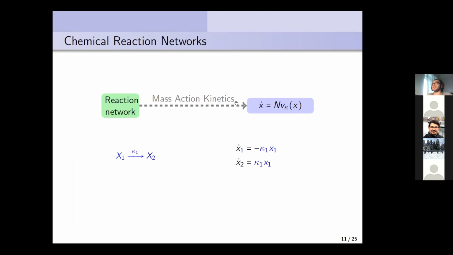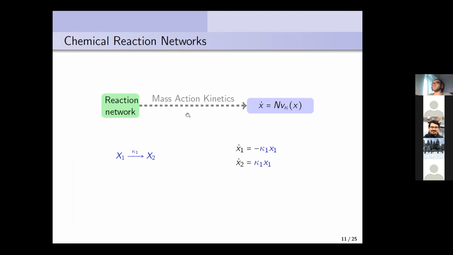And using mass action kinetics, we can represent the change in the amounts of x1 and x2 as follows.